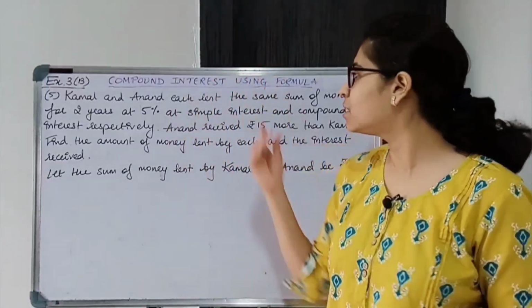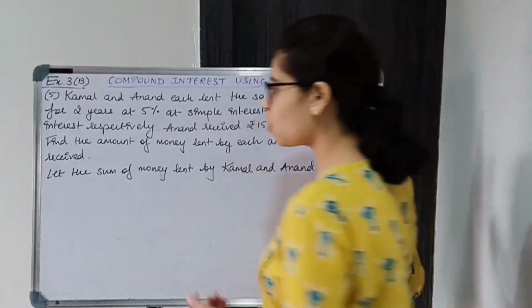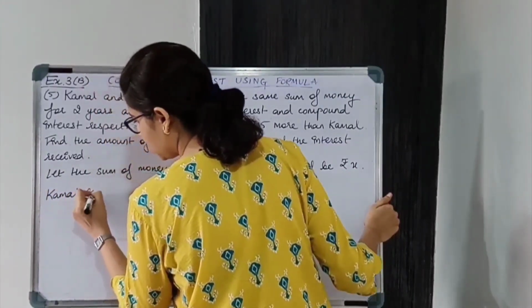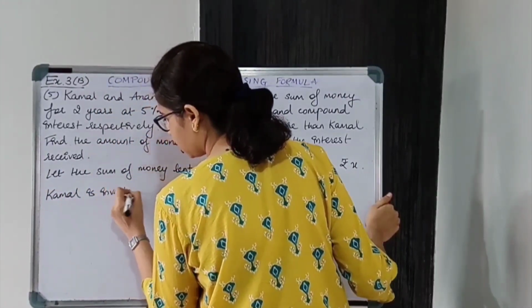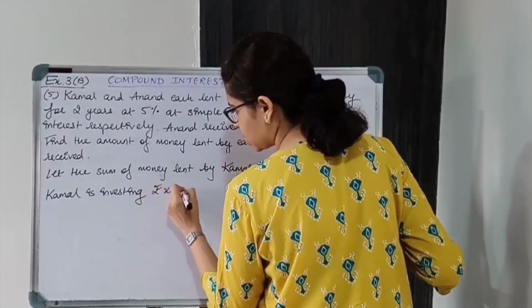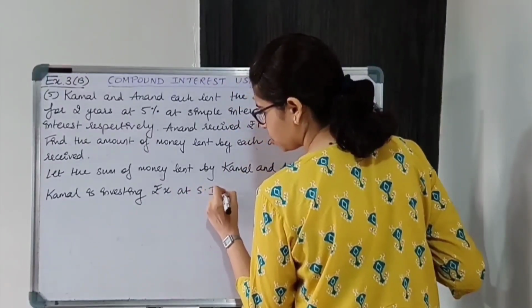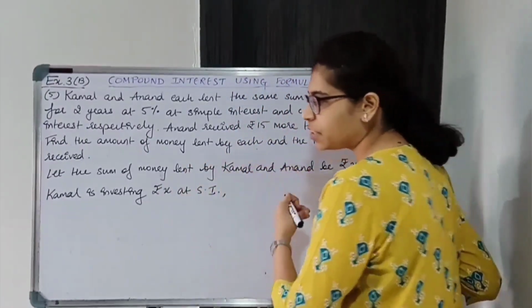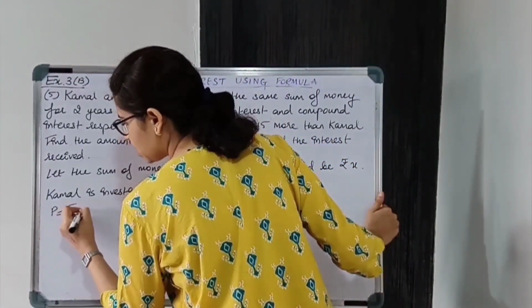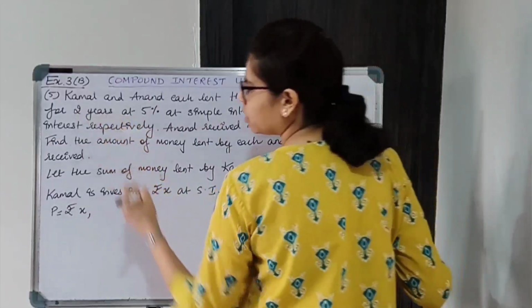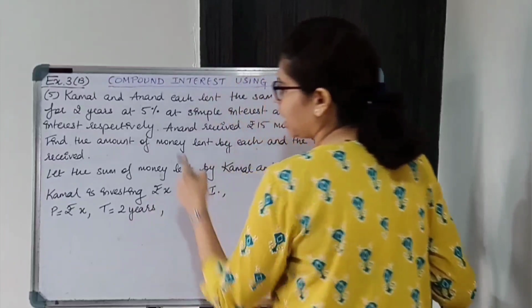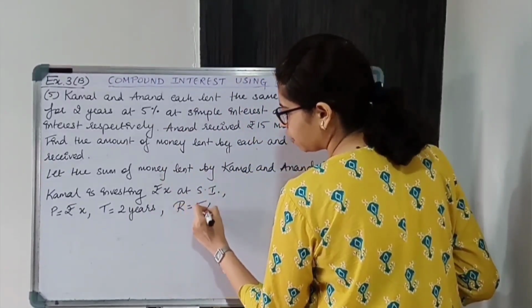Let us calculate the simple interest. Kamal is investing rupees X at simple interest. So let us now write down all the given information. We know that the principal is rupees X. The number of years, that is the time period, is 2 years. And the rate of interest R is 5%.